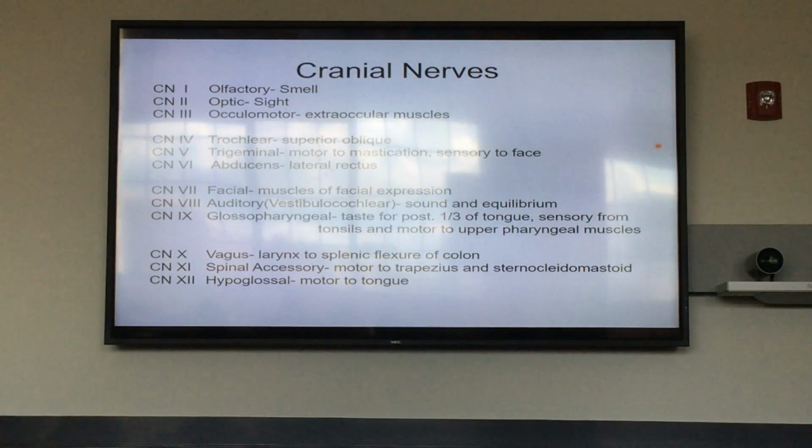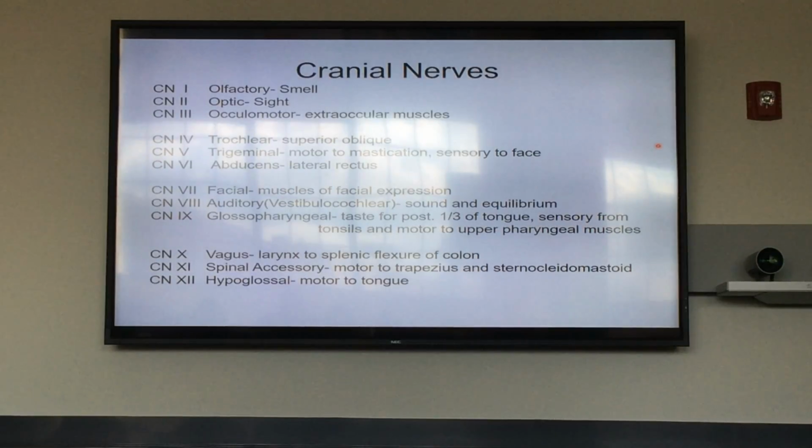You must be bilingual. Two, they are sensory or they are motor or they're both. And as you're learning them, think about if I lose this particular cranial nerve, I will likely have this deficit.